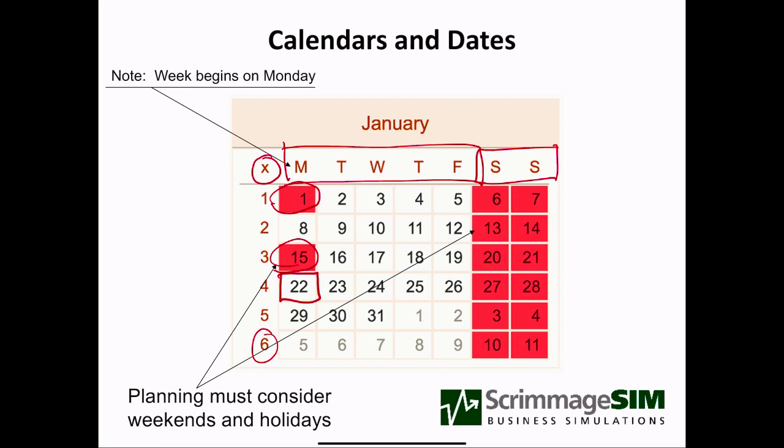So as we backward schedule, we'd count 1, 2, 3, 4. We'd have to skip Martin Luther King Day in the weekend. 5, 6, 7, 8, 9. Skip the other weekend. And 10 would finally be on the 5th. So weekends and holidays, when they impact production, can dramatically increase the lead times for a product.